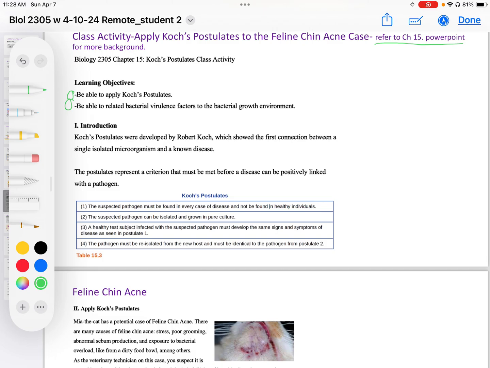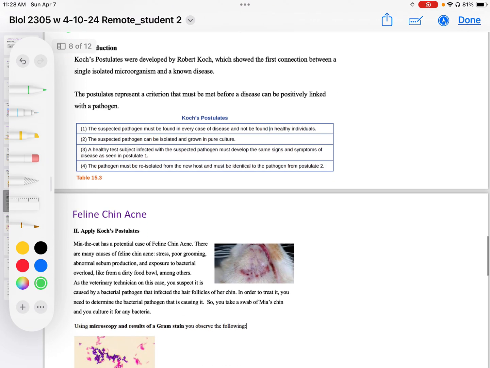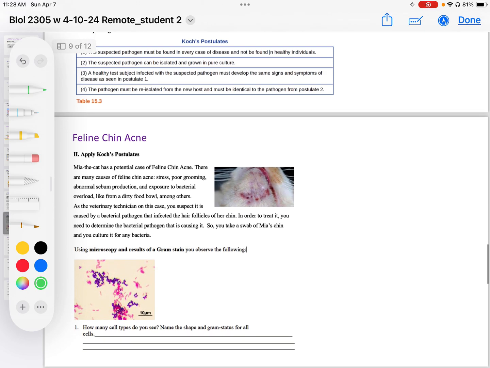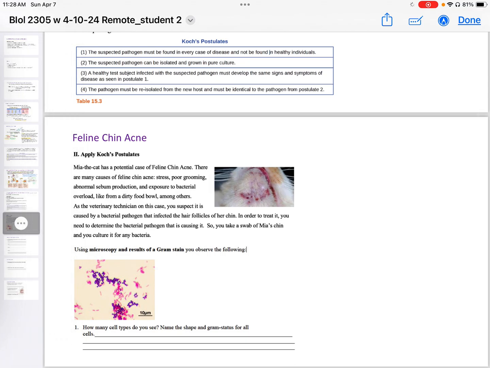So here I have outlined in this activity Koch's postulates. Very similarly to what we worked through with the mouse, the disease-causing agent in the mouse, I want you to take that same set of procedures and work it with this case.